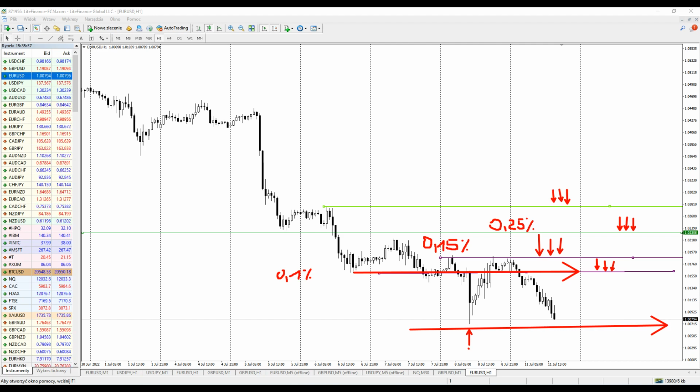So trying to summarize the thing here, we are looking for a trending market, all right? In case of the move to the downside, the stop is always above the second swing, right?